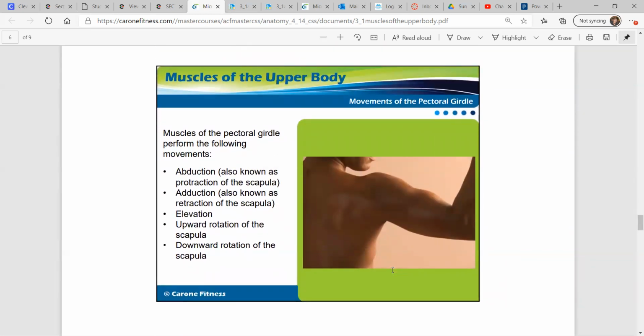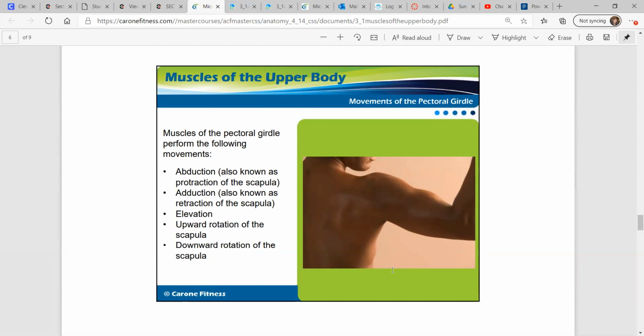So these muscles of the pectoral girdle perform the following movements: abduction, also known as protraction of the scapula; adduction, also known as retraction of the scapula; elevation, upward rotation of the scapula; and downward rotation of the scapula.